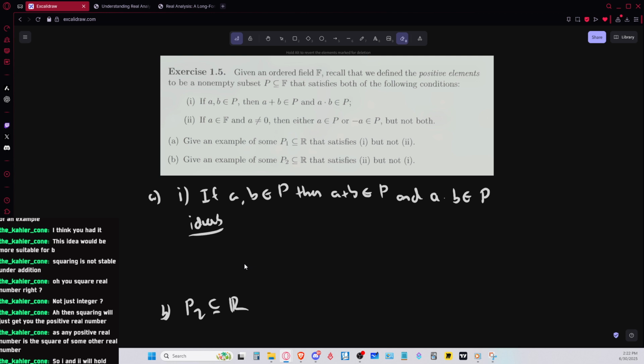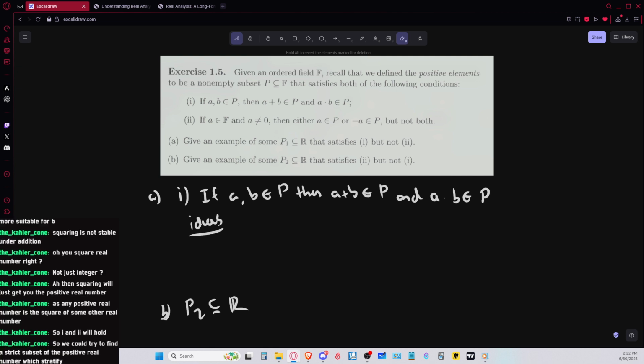I must be missing something. But what am I missing? Because squaring a number fulfills it. I can't think of a number that would give you both negative and positive at the same time. Unless I'm thinking of this problem incorrectly.